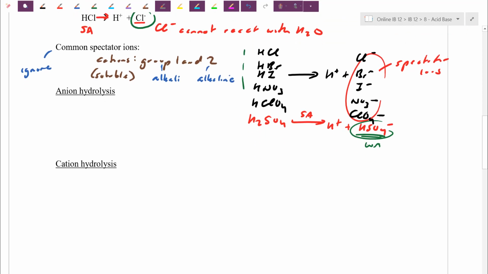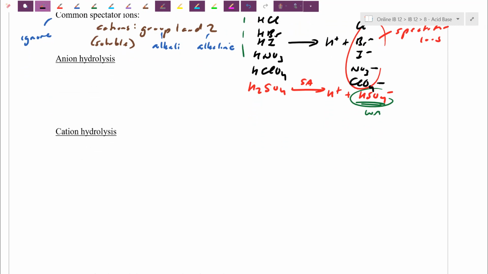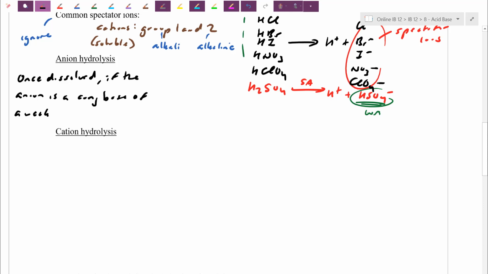Okay, so let's just have a look here. We're going to deal with anionic hydrolysis first. So once the solid is dissolved, if the anion is a conjugate base of a weak acid, if it's a partner of a weak acid, it will gain a proton.